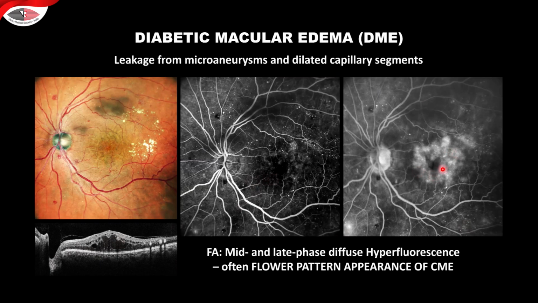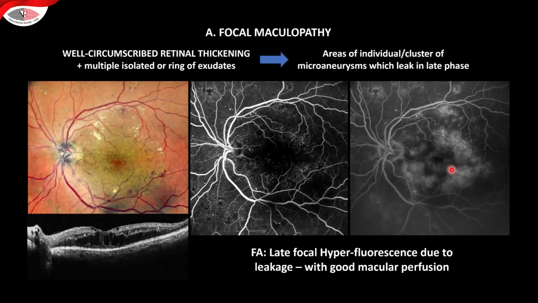FA will show you a petaloid appearance corresponding to the edema. Focal maculopathy is a well-circumscribed retinal thickening, which you see something like this, a circinate with multiple isolated or a ring of exudates, and you can go and laser the center of this ring and it would stop leaking and the ring may collapse once you have lasered it.